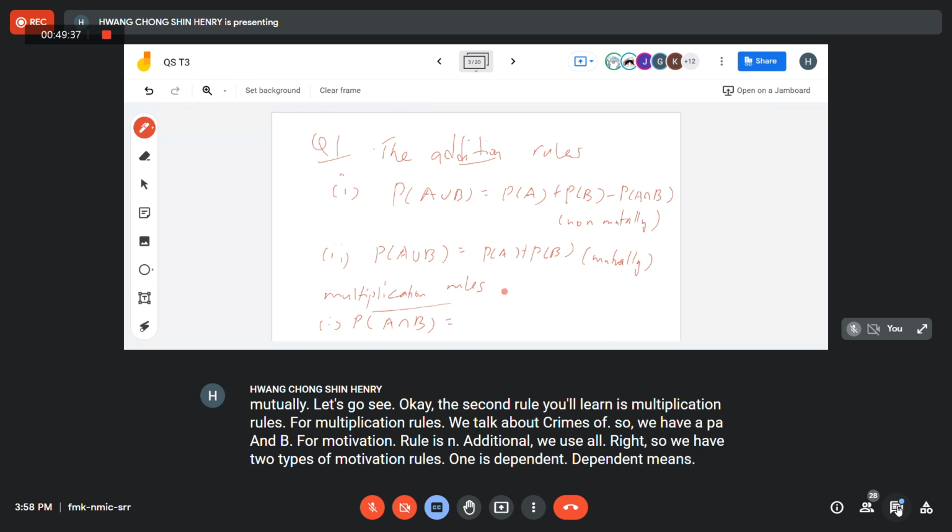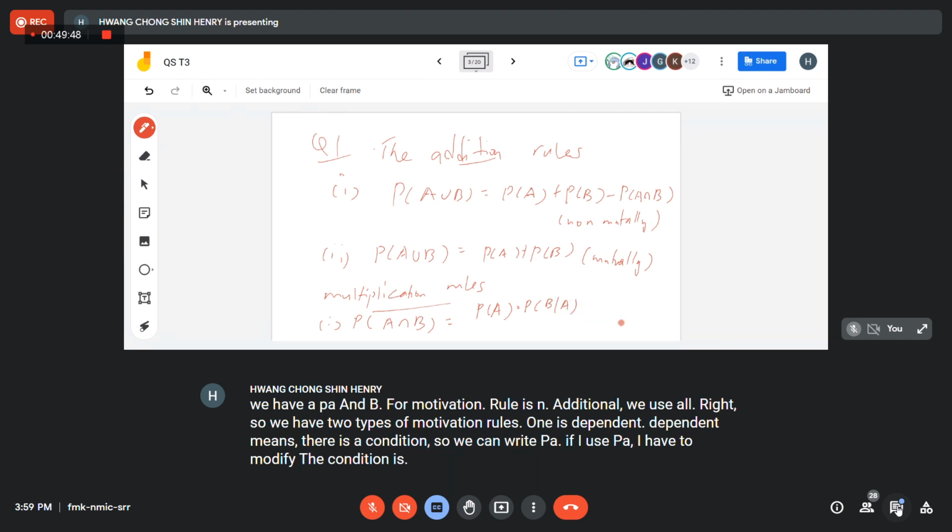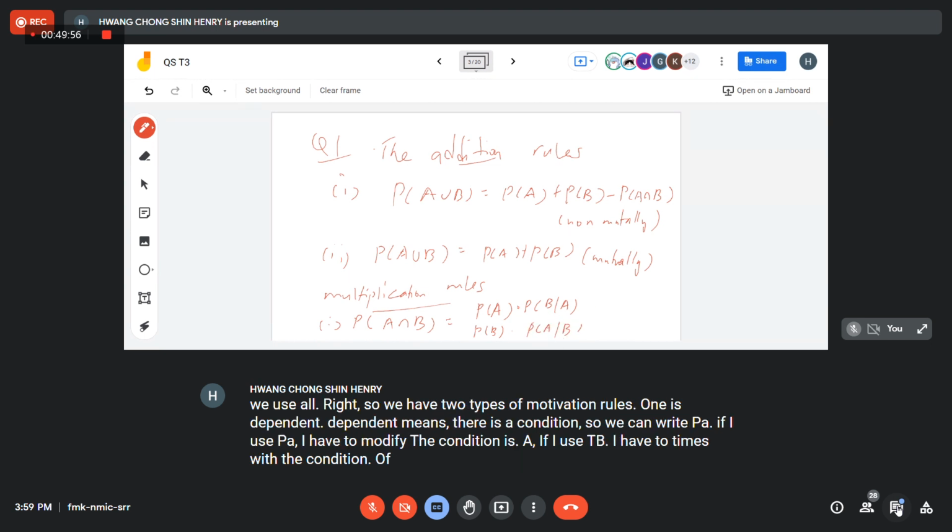Dependent means there is a condition. If I use P(A), I have to multiply by P(B given A), the condition is A. If I use P(B), I have to times with the condition of B. So this is dependent. In other words, there is a condition.